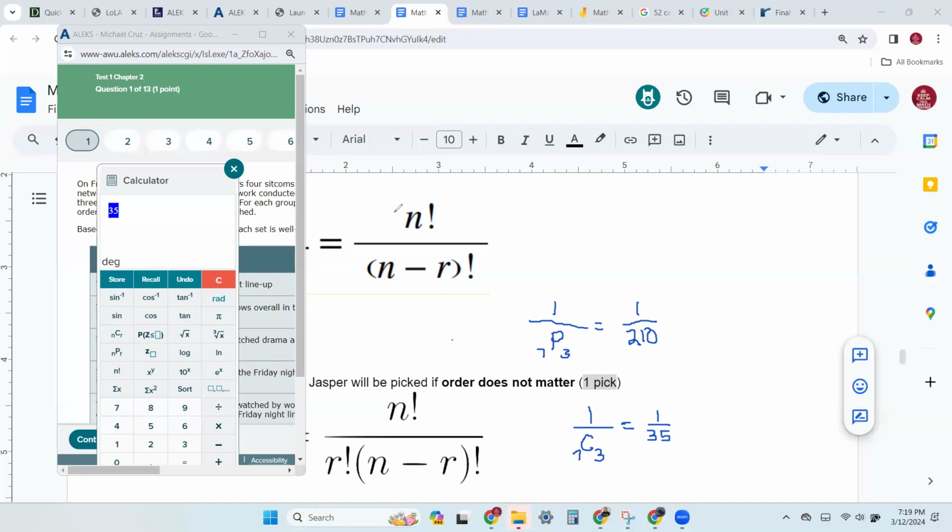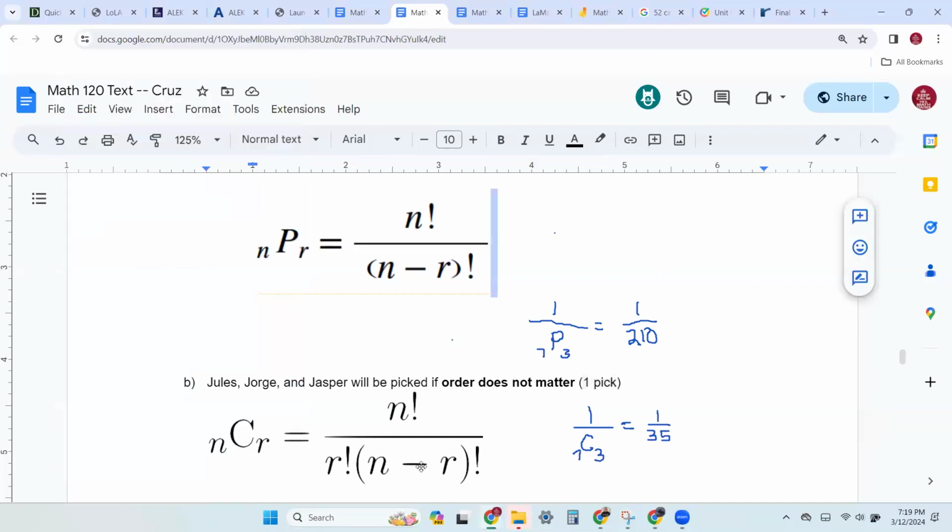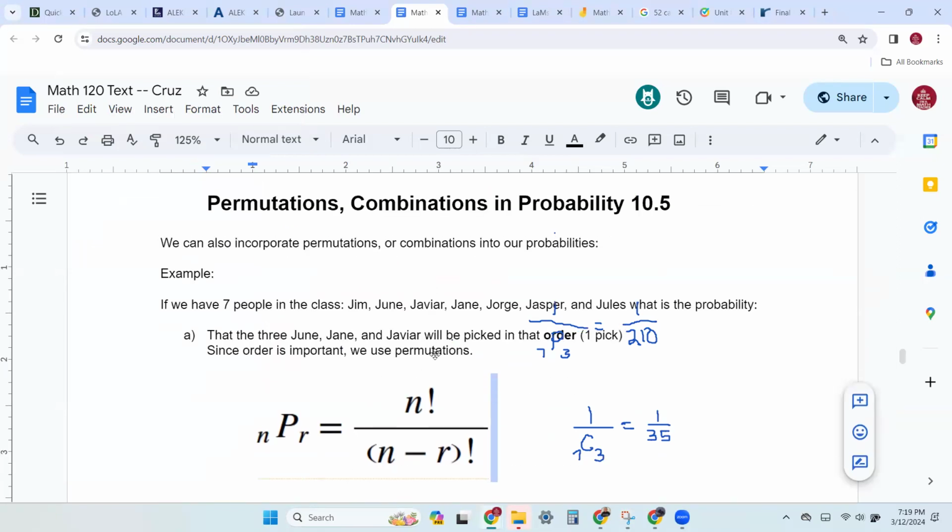We can have those 3 people in any order. And it doesn't matter which ones they are. The names could change. You're picking 3, so that's your R, that's your small number. The total number that we had up here, the 7, is the big number you're choosing from.